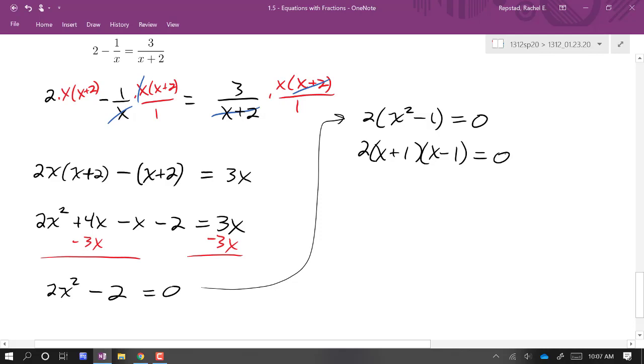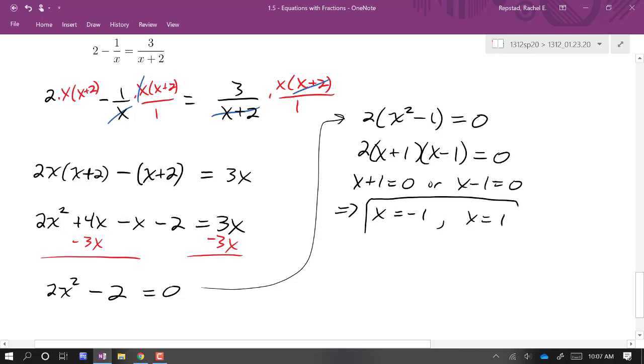If I multiply two things to get 0, one of them has to be 0. 2 is never 0, so we just focus on those other factors. Either x plus 1 is 0 or x minus 1 is 0. That gives us x equals -1, x equals 1. Those are our two solutions.